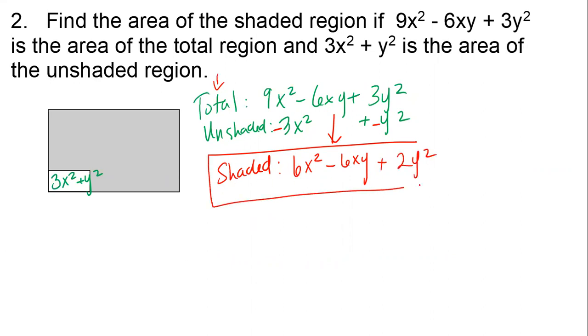So my shaded area is 6x squared minus 6xy plus 2y squared. And I can't go any further because I do not know the value of x and y. All right.